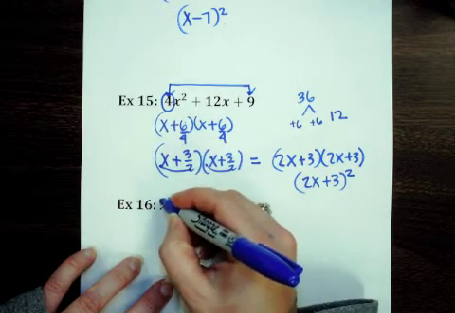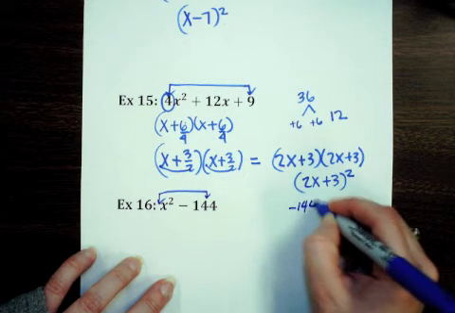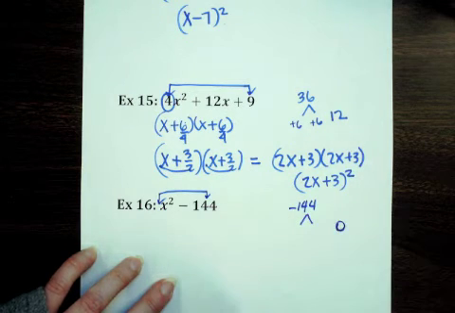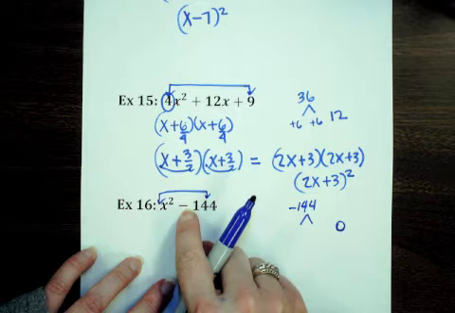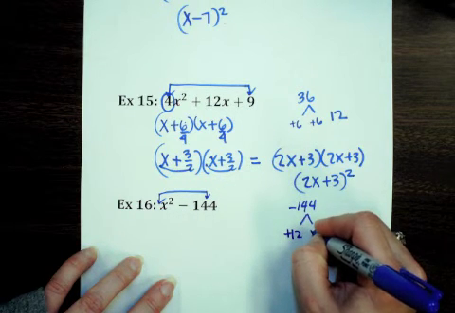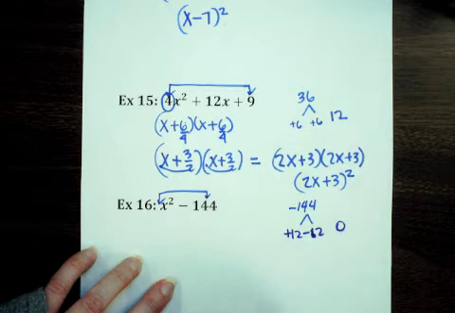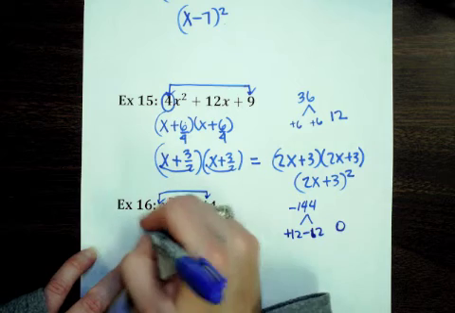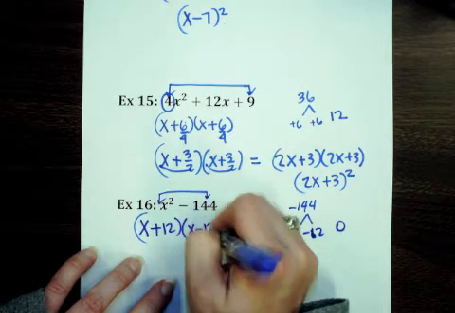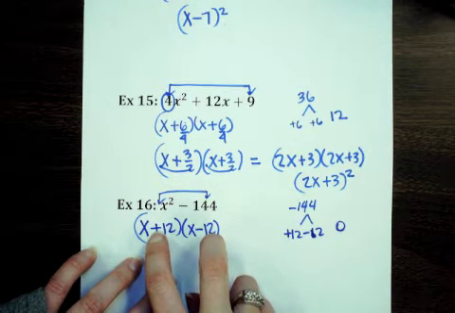I say what multiplies to give me negative 144, but adds to give me 0. Signs are different. And you would come up with positive 12 and negative 12. That would be what would give me 0. So if I write it as x plus 12, x minus 12, then that is your fast and easy difference of squares.